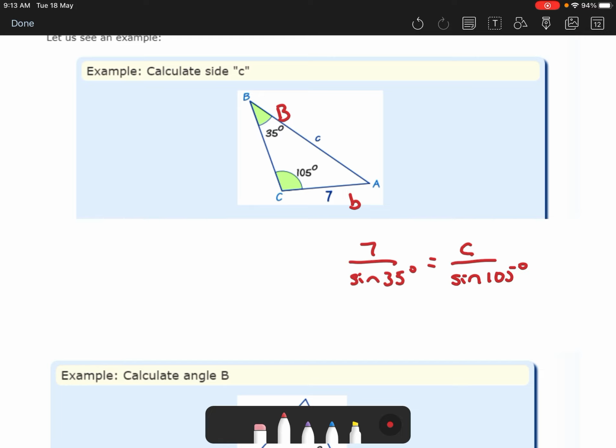You just press your calculator to see what is your length c. So 7 divided by sine 35 times sine 105. You should get about 11.8. So the length c is about 11.8.